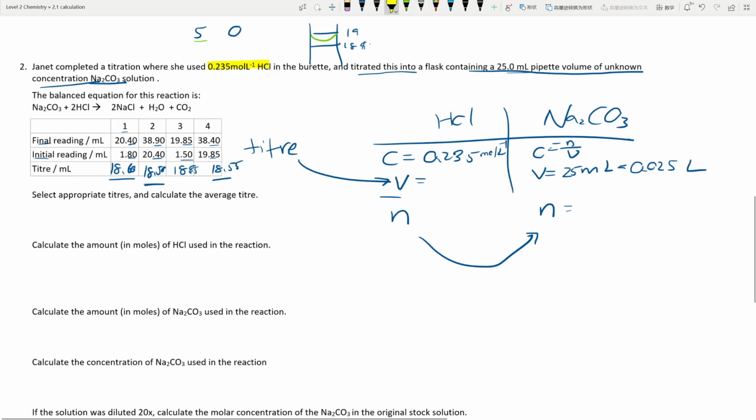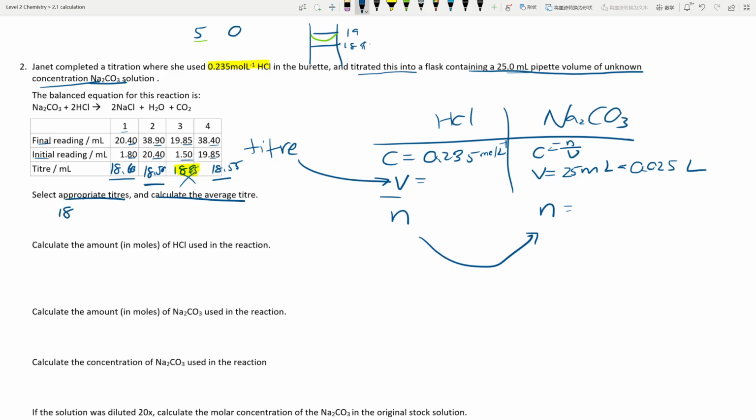Now, not sure if you guys can see, but this guy 18.85 is not concordant. Okay, how do I know it's not concordant? Because this is too big compared to any of the other titers. They're not within 0.2 mL, so we're not going to use this. Okay, so select the appropriate titers, calculate the average titer.